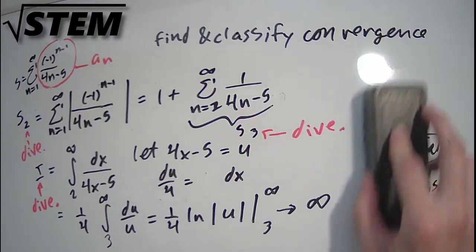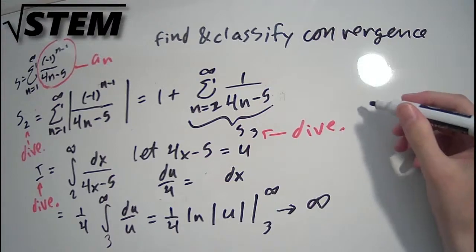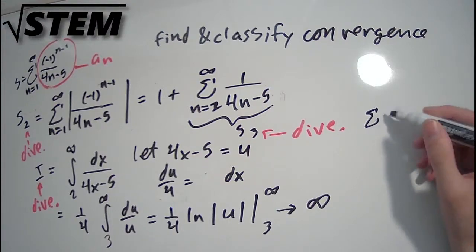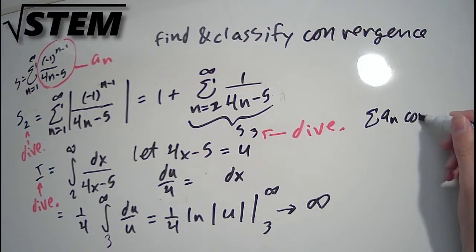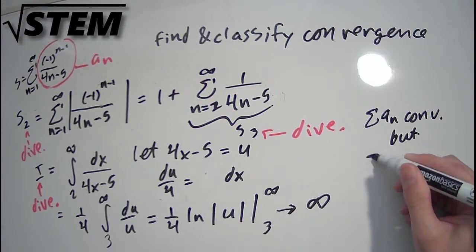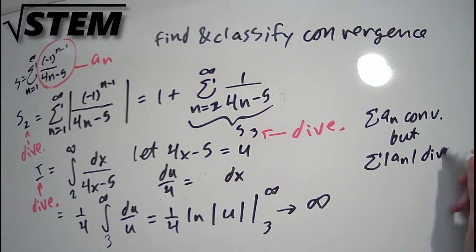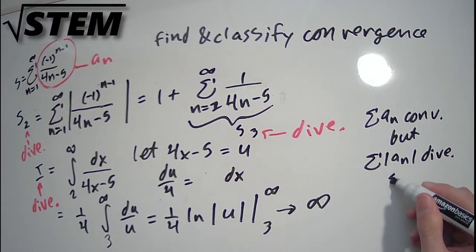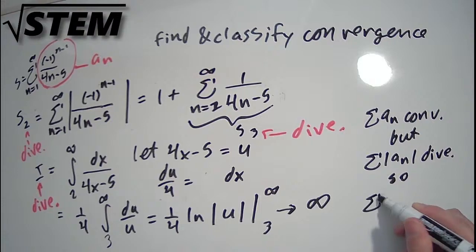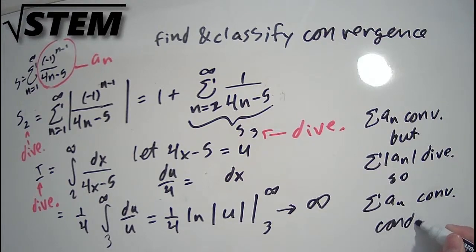So we'll say the sum of an converges, but the sum of the absolute value of an diverges. So the original sum converges conditionally.